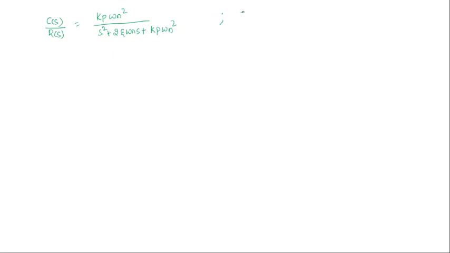Without proportional controller, what is the transfer function of the second order system? That is C of S by R of S equal to omega n square by S square plus 2 zeta omega n S plus omega n square. Let me call this equation 1 and this equation 2.